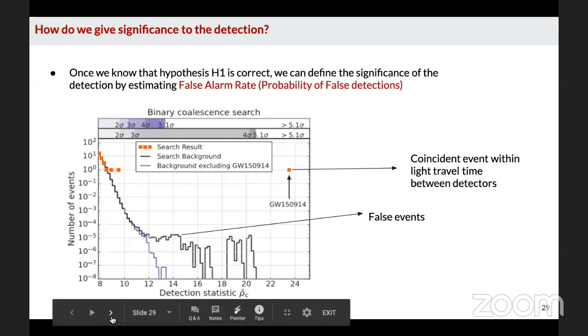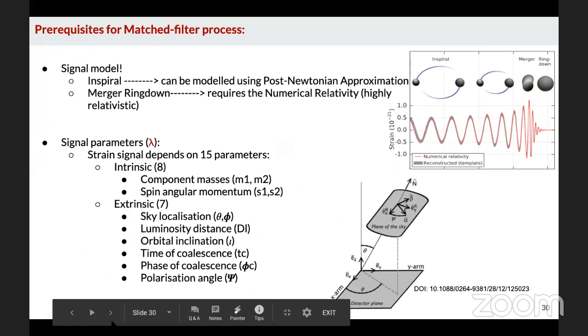Okay, this is how we assign the false alarm rate for the detection, and we say that we have detected a signal above some sigma. So here in this case, we assume that it's a 5 sigma detection. Okay, coming to the next slide.